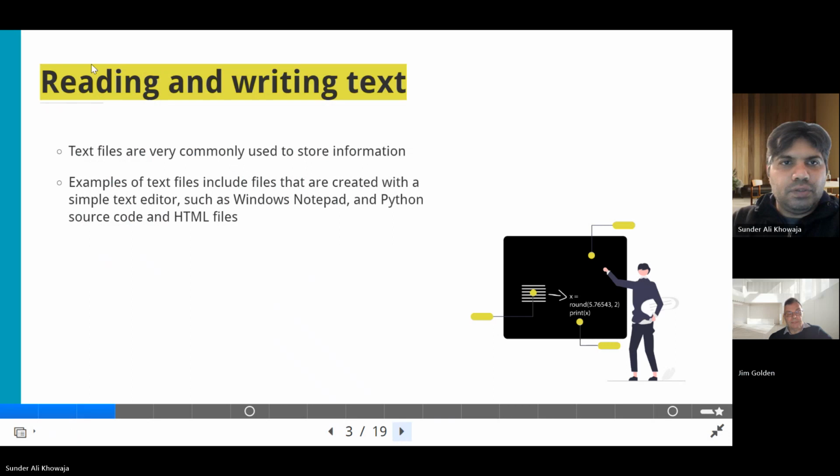Okay. So for reading and writing text, most of the concepts are very similar to Java. If you are already familiar with Java, you would know that there is a BufferedReader or a Scanner. Basically, we initiate a resource, and from that resource we define whether we have to write something or read something.